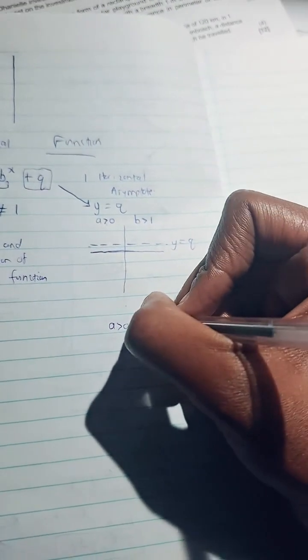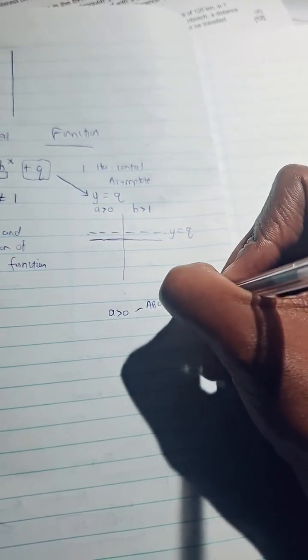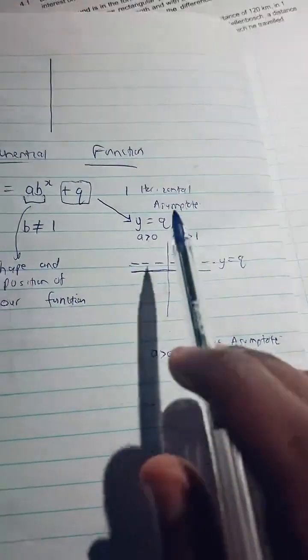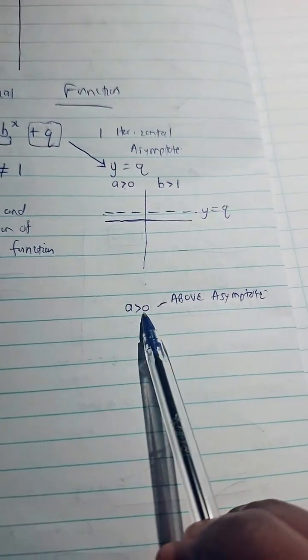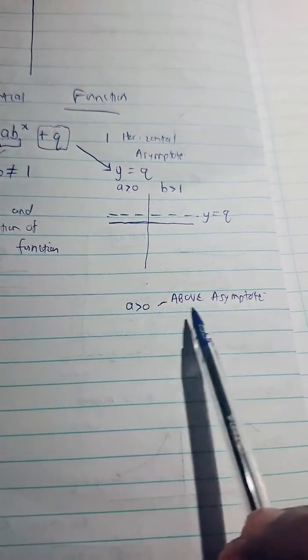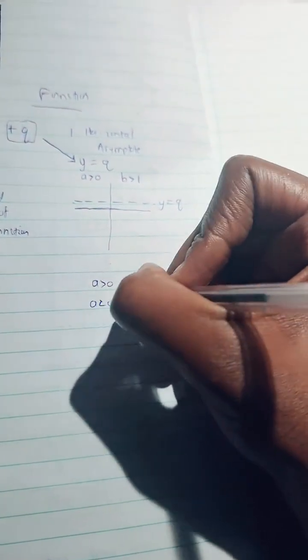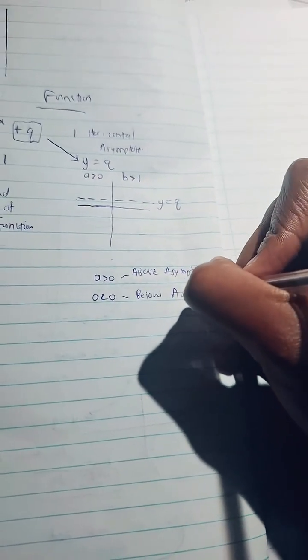When a is greater than 0, we say that the function is found above the asymptote. Remember, there's only one asymptote and it's horizontal for your exponential function. If a is less than 0, it means that the function is found below the asymptote.